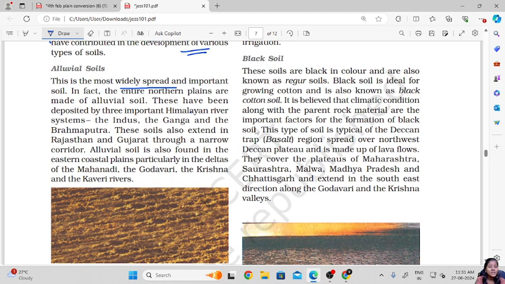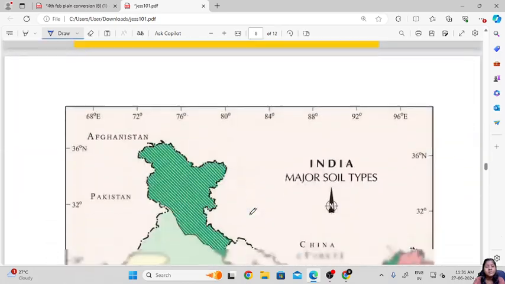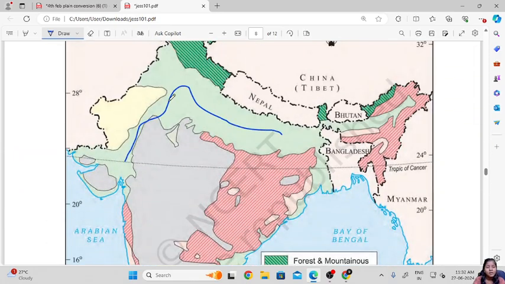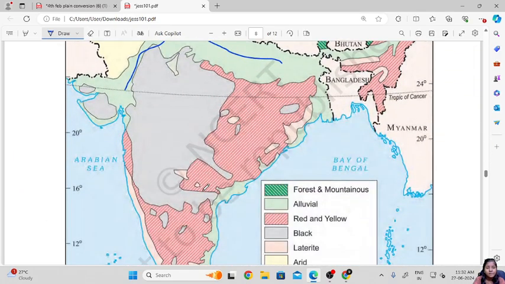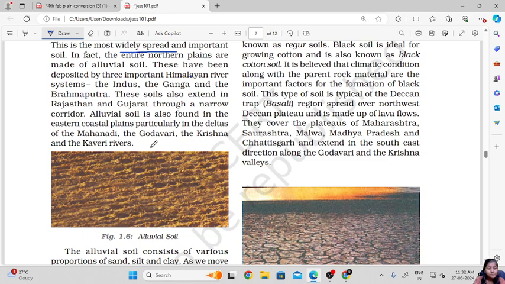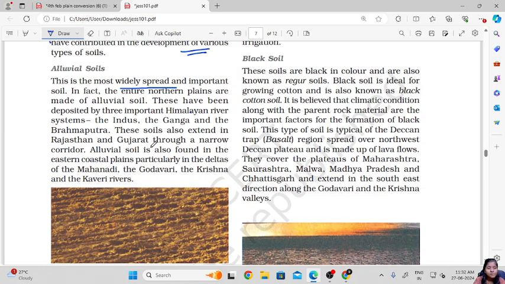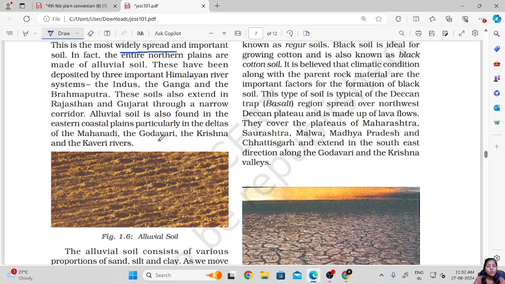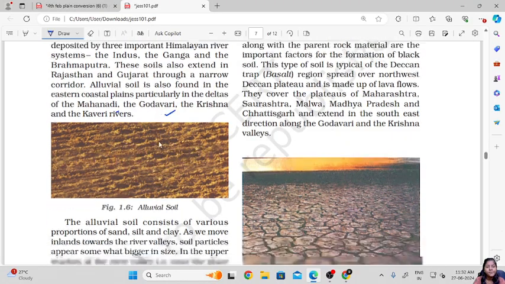This alluvial soil also extends to Rajasthan and Gujarat through a narrow corridor, some part of Gujarat. Alluvial soil is also found in the eastern coastal plains, particularly in the deltas of the Mahanadi, the Godavari, the Krishna and the Kaveri rivers.